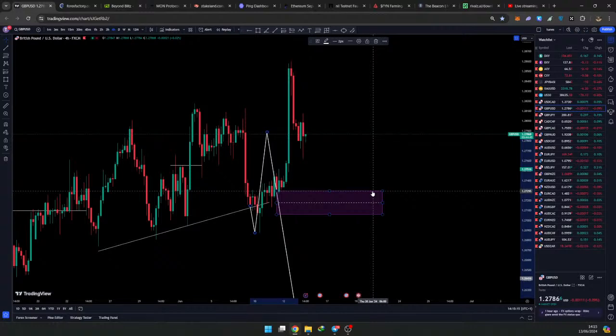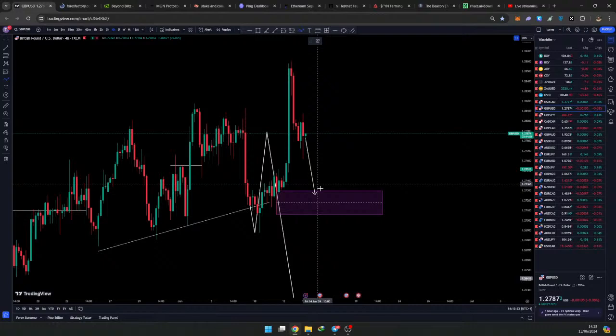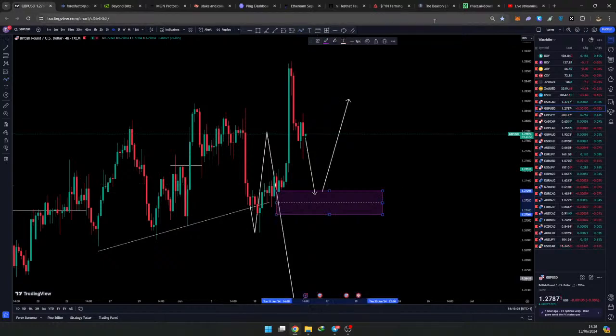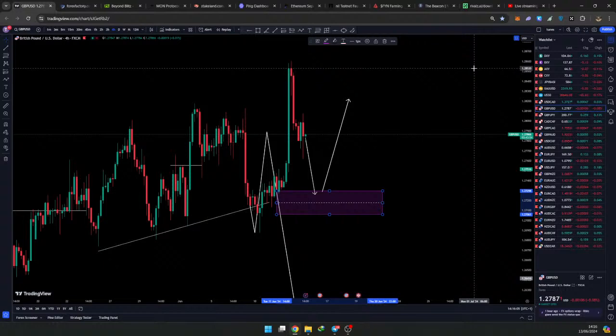Possibly we'll get to still see price drop a little bit more into that zone before we get to see our buy happen. So possibly the buy will go up to here. Again, the zone I'm watching out for a buy on GBP USD right now will be 1.27298 and 1.27061. I hope that also is clear for GBP USD.